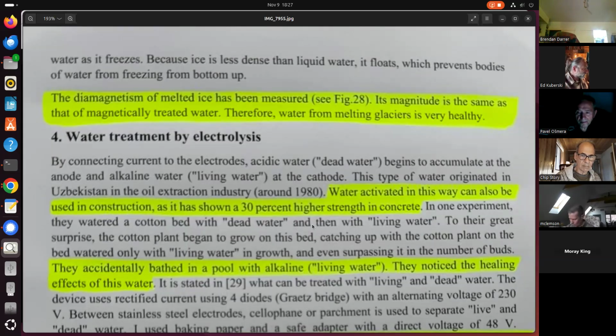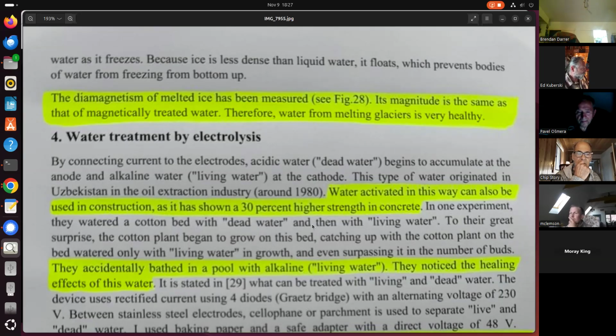The diamagnetism of melted ice has been measured. See figure 28. Its magnitude is the same as that of thawed magnetically treated water. Therefore, water from melting glaciers is very healthy, definitely.